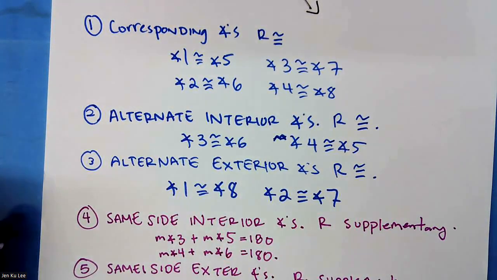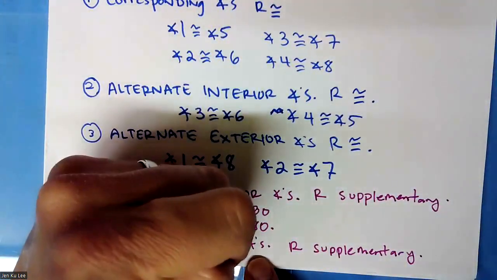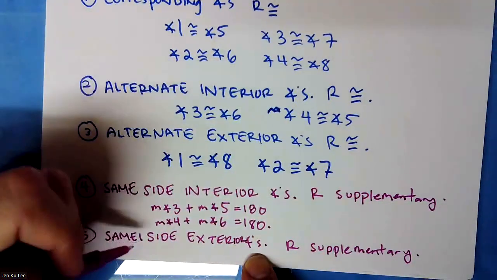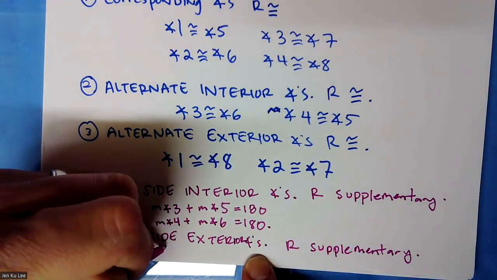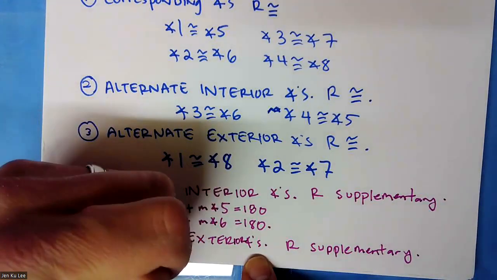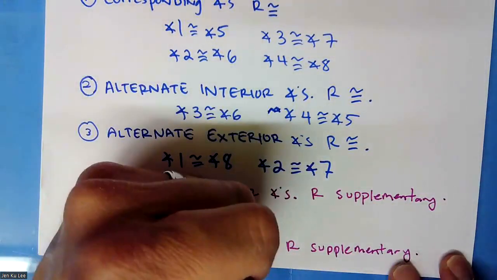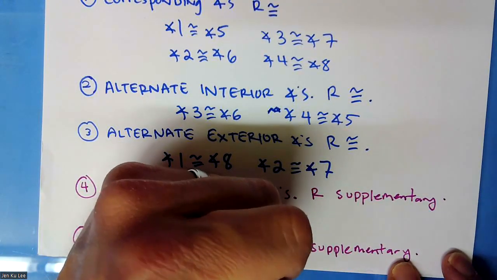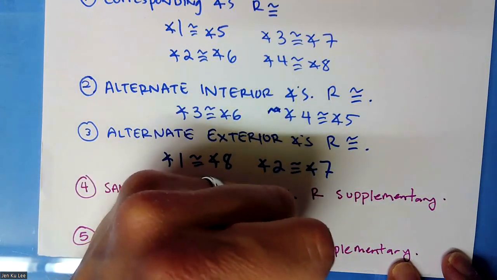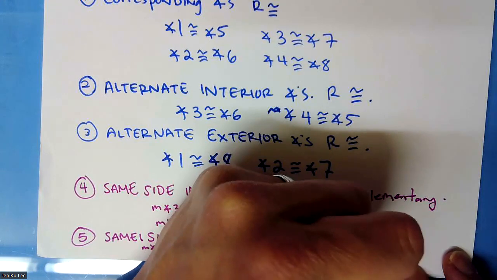Okay. Same side exterior angles: the measure of angle 1 plus the measure of angle 7 equals 180. And the measure of angle 2 plus the measure of angle 8, they also equal 180.